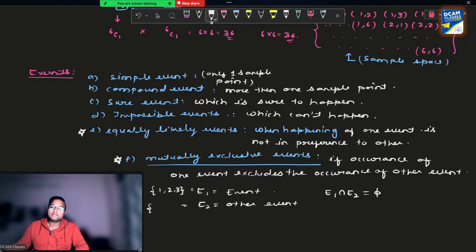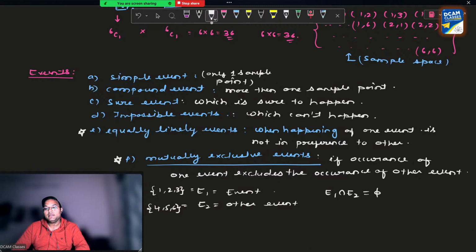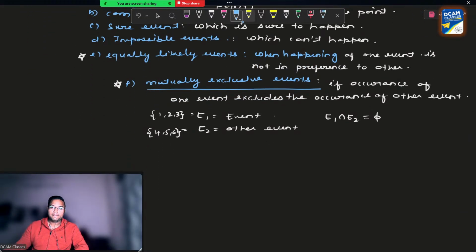Event E2 is 4, 5, 6. Then these events E1 and E2 will be mutually exclusive events. Okay? Yes. Okay. Now let's move on to the next. Next is exhaustive events.